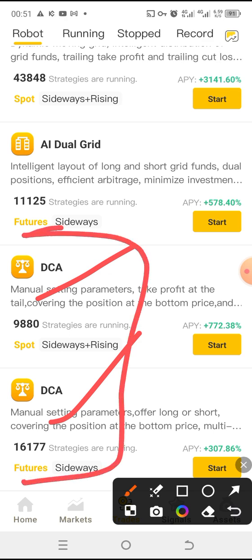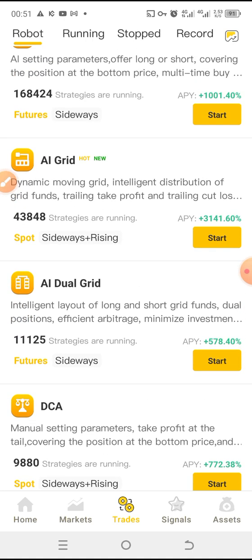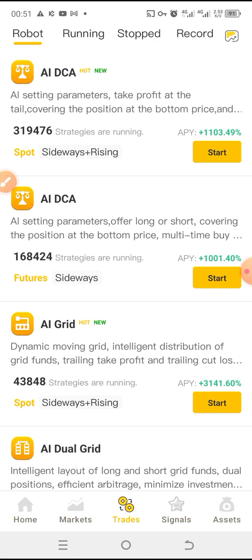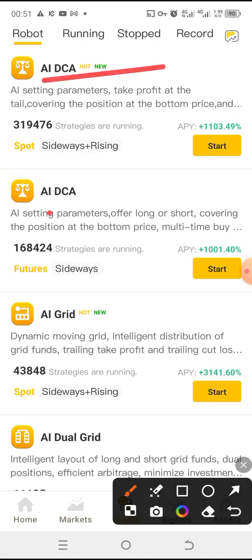It's just that one is going for futures, one is going for spot. Okay, now look at this. This AIDCA and AIDCA are also the same. One is on spot, one is for futures.